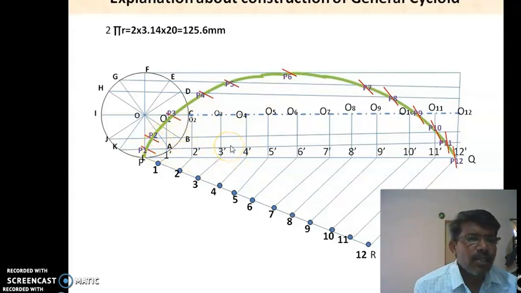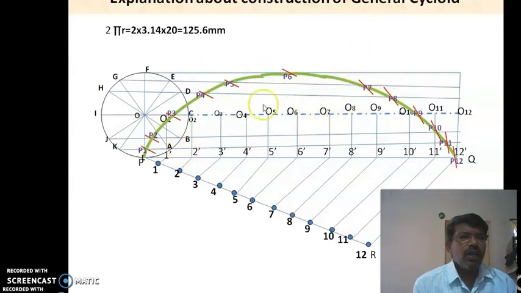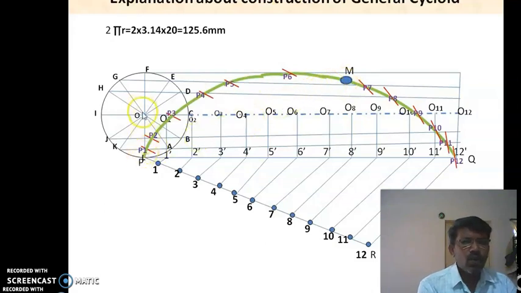After making this general construction of the cycloid, locating the tangent and normal will also be there. So for that procedure, how to form the geometry? Take any point on the curve and mark it as M. From that point with the radius as OP, make an arc on the center line.